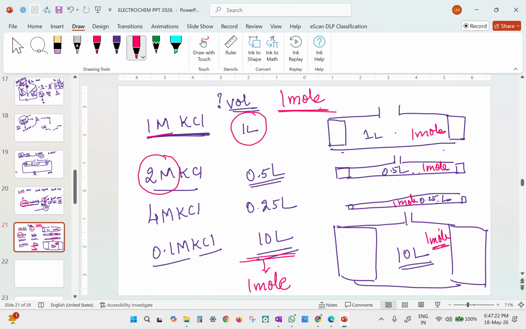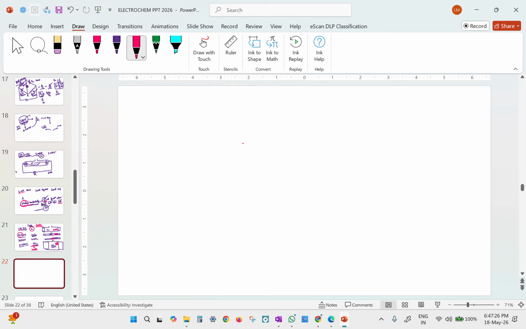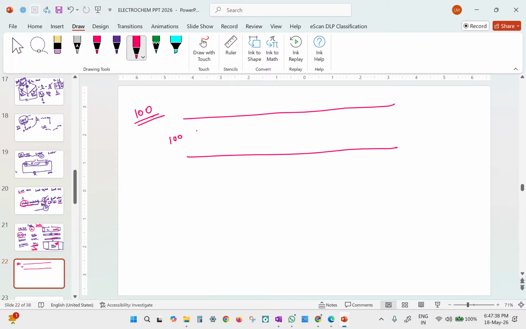Okay. Now I'm going to ask you to think this way. Let us say I'm asking 100 runners in a small school ground to complete a 100-meter race, from the starting to the finishing line. This is the finishing line.